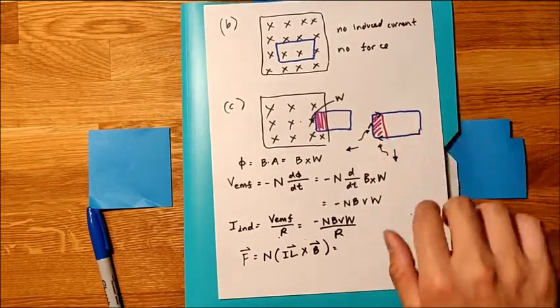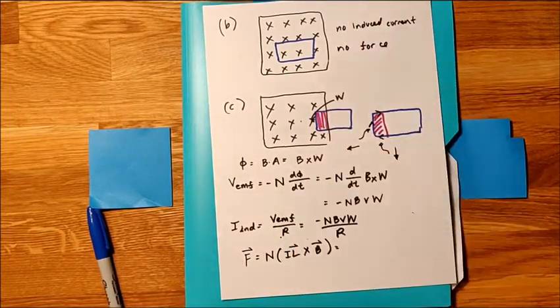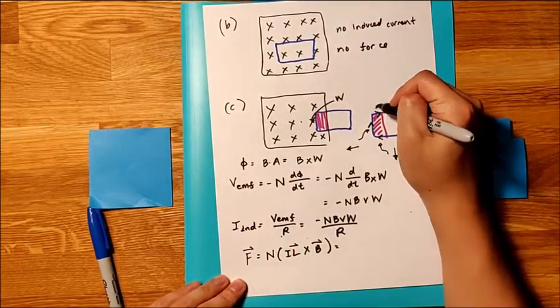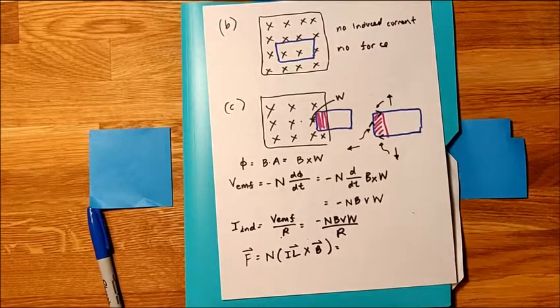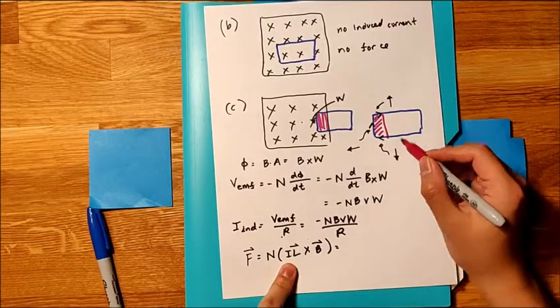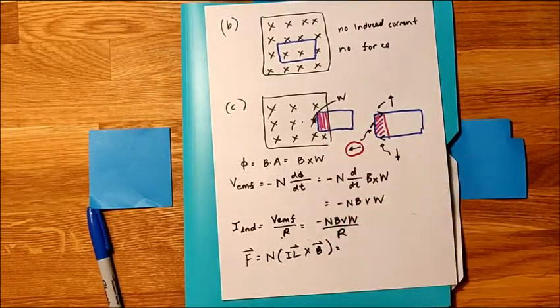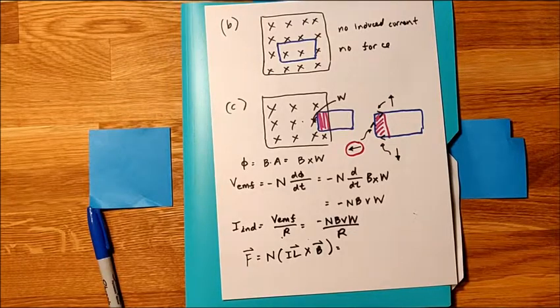And doing it for this side, I L cross B will result in a force that's going up. So again, the same result happens. In this case, these two will cancel out, and all we are left with is the force going this way.